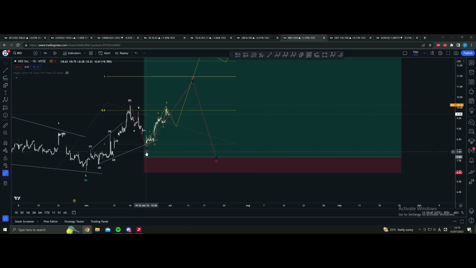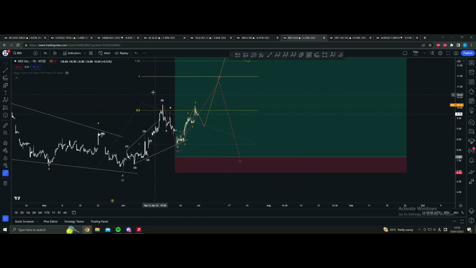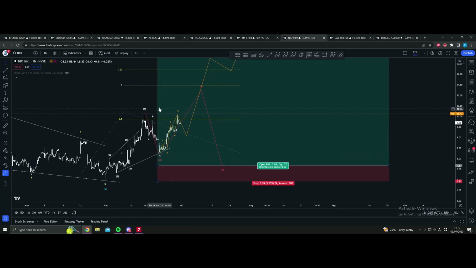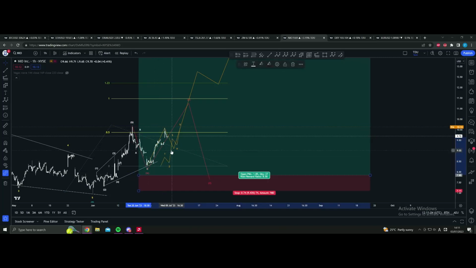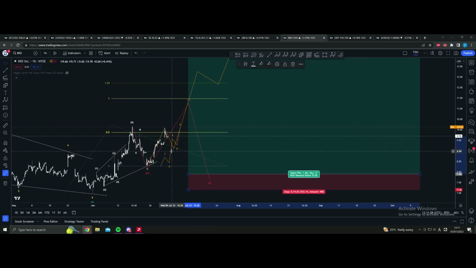However, I put W just in case if we have 3, 3, and 5 for a lower low or lower wave 2. But if not, since we made an impulse, this looks impulsive. The orange count, dear God, please cooperate.